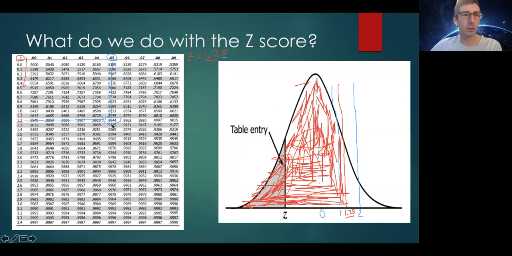Now, one thing before I move on from this slide that's very important to note is that the values inside of this table always give you the area under the curve from your z-value cutoff point to the left. So it always gives you the area less than the z-value cutoff.